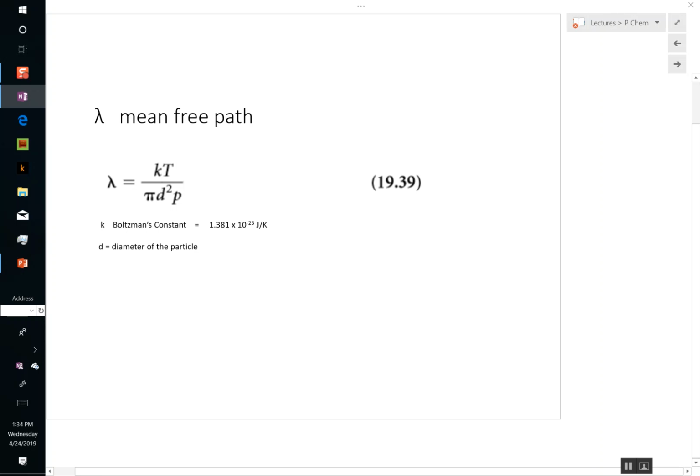Okay, let's move off of velocity for a minute and talk about the mean free path, lambda. I don't think I have a picture of it in my notes, but let's just take a peek at it.